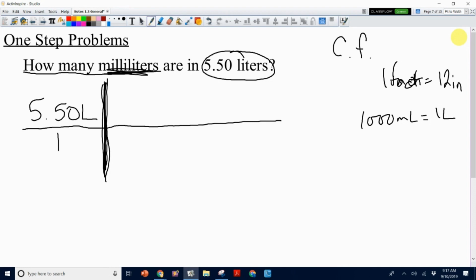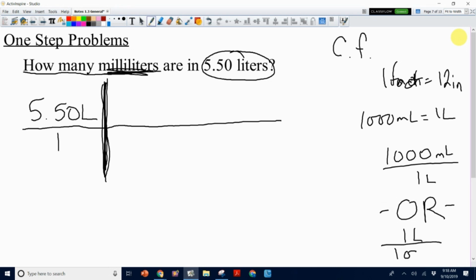So when you have an equivalency like this, you can write it as a fraction. So I'm going to put 1,000 milliliters over 1 liter. And the good thing about a conversion factor is it can be flipped. You can write it as 1 liter over 1,000 milliliters. Oops, too many zeros. Let me rewrite that part.